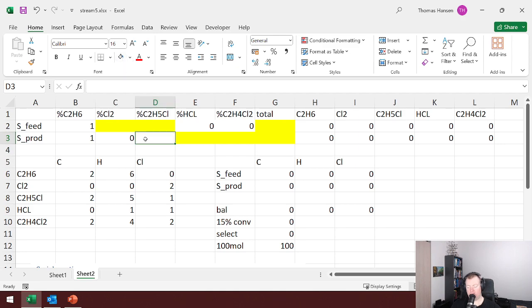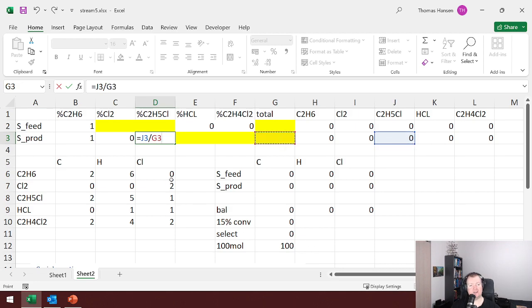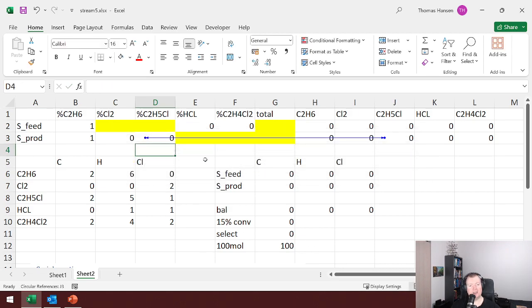We are going to define this by taking the number of moles we have here divided by the total number of moles. Yeah, Excel gets angry with us, that's fine.